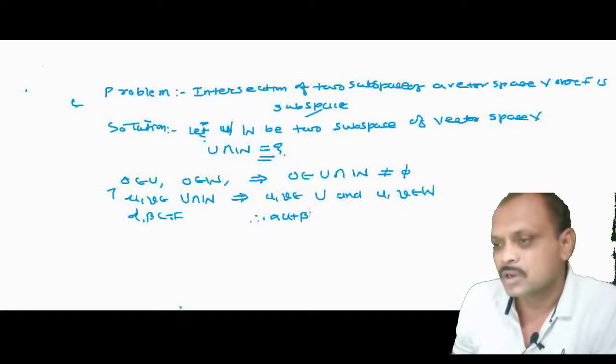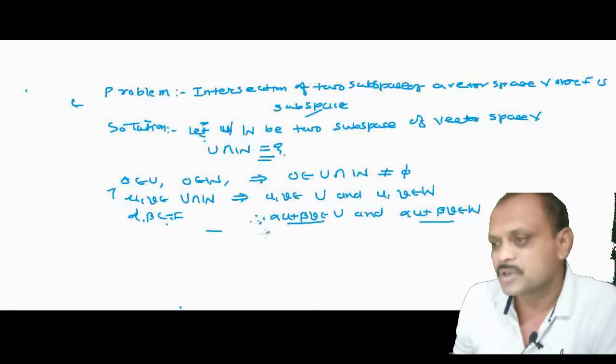Therefore alpha u plus beta v belongs to U and alpha u plus beta v belongs to W. So this is a common element, alpha u plus beta v. Therefore alpha u plus beta v belongs to U intersection W.